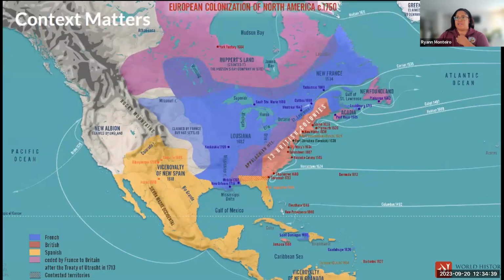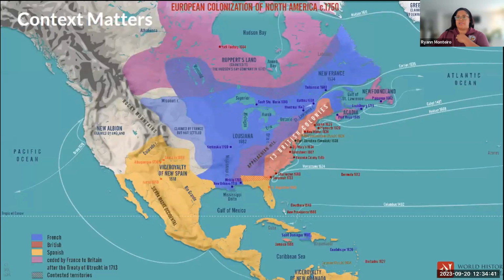I also think it's very important to remind folks and just explicitly state that like context very much matters. So just as Indigenous people are not a monolithic group, neither are their worldviews, neither are their creation stories, ceremonies, cultures, so on and so forth. And that has a few underlying reasons.